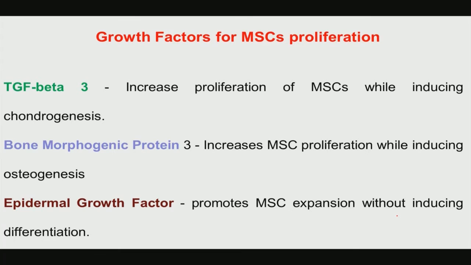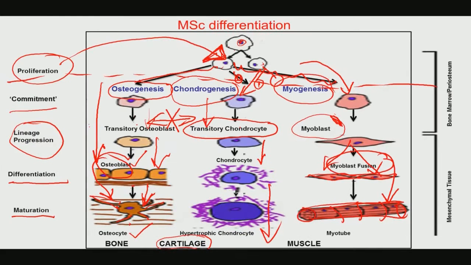In many books it is also mentioned like that. It increases the proliferation of mesenchymal stem cells while inducing chondrogenesis. Chondrogenesis is the second lineage that I have mentioned.